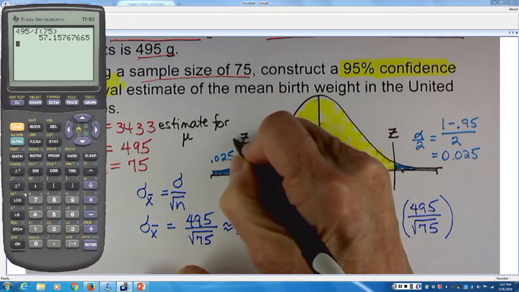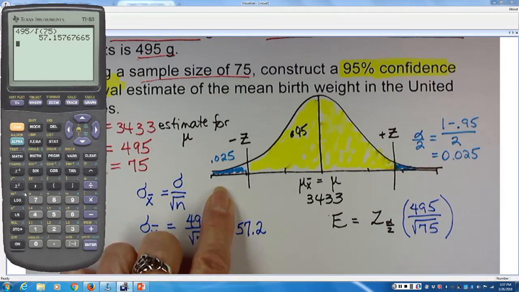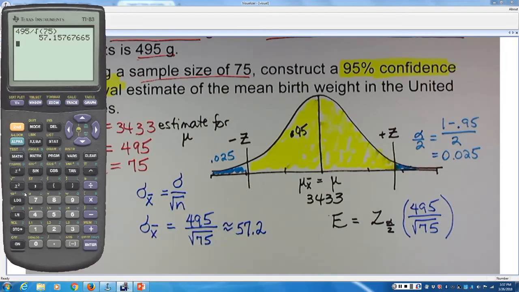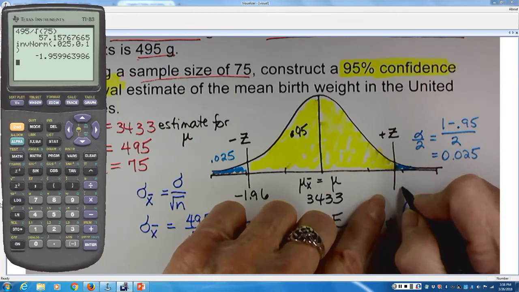This one is negative, this one is positive. Those Z scores are the Z score that cuts off 0.025 in the tables. And we can find that using the calculator, and we get negative 1.959, so we'll call that negative 1.96, which means this one then would be positive 1.96.